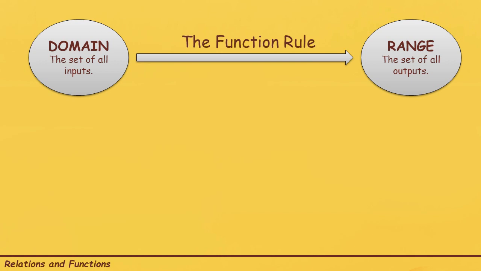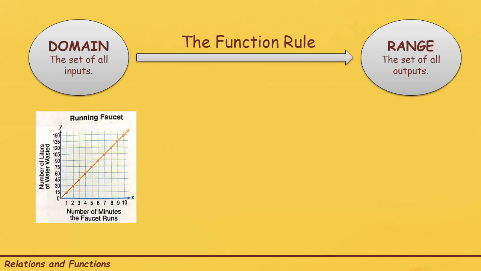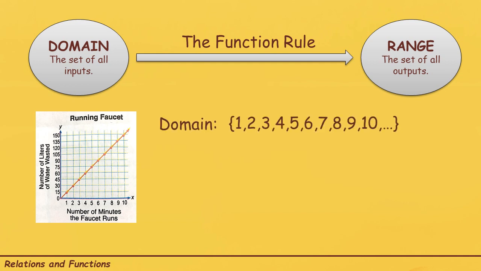So now, since we have domain and range in the function rule, let us try to get the domain and range of the running faucet. Based on the graph, we can say that the domain is 1, 2, 3, 4, 5, 6, 7, 8, 9, 10, and so on and so forth. Pwede rin naman natin itong paiksiin at isulat ng ganito.